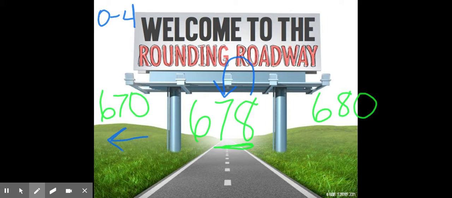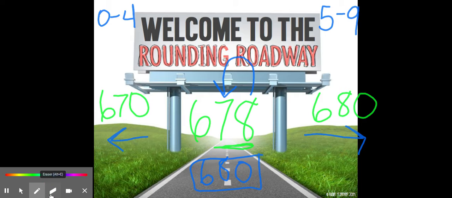If the digit in the ones place is 5 through 9, that would be 5, 6, 7, 8, or 9, it will tell 678 to round up to the next 10. Because 8 is 5 through 9, it will tell this number, 678, to round up to 680. So the nearest 10 to 678 would be 680.